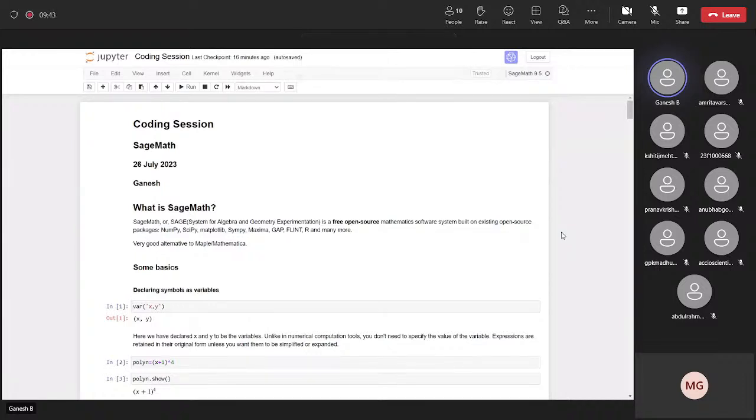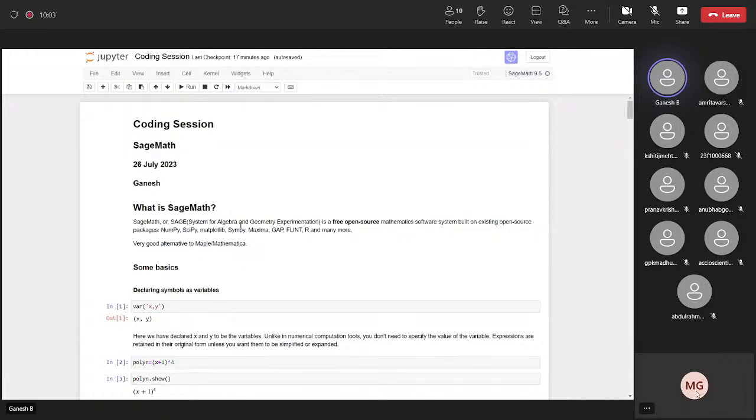Starting from the basics, what is SageMath? SageMath is an abbreviation for System for Algebra and Geometric Experimentation. As modern math evolved, mathematicians found that they need some computational tool to solve most problems.